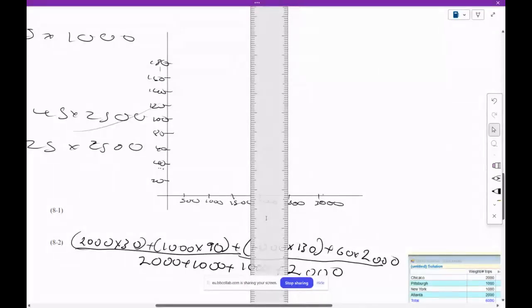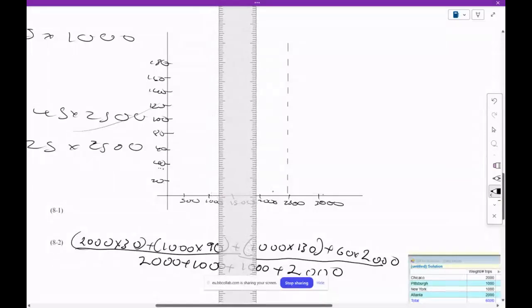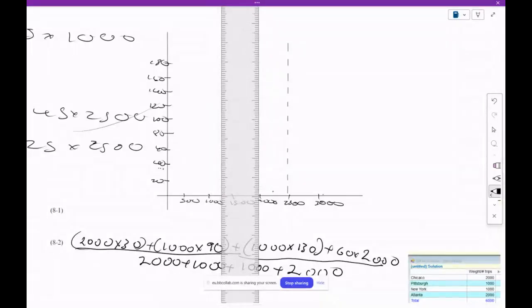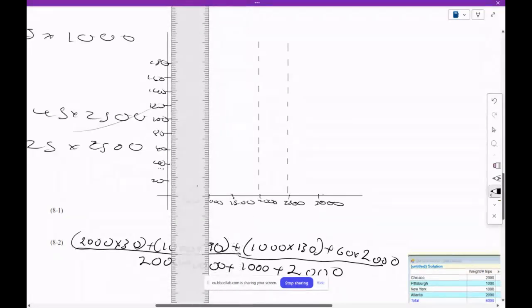We have 2500, at 2000 also, at 1000 also.